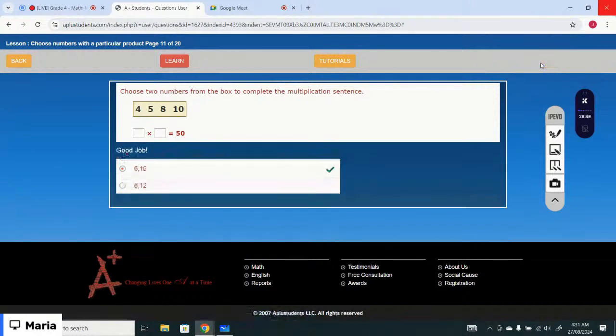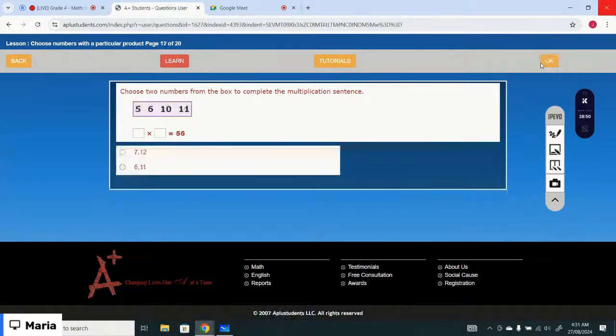Okay, the next one is which two numbers have the product 66?